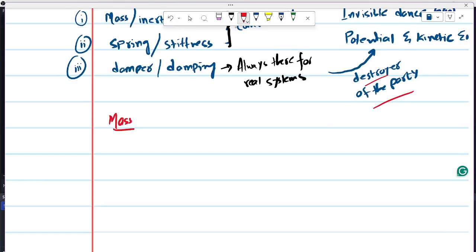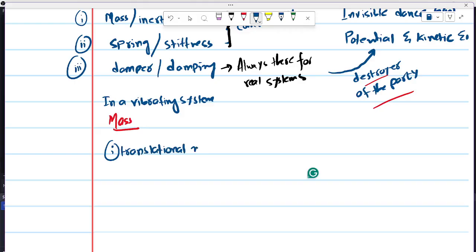In a vibrating system, the mass can exist as a translational mass, like this one.